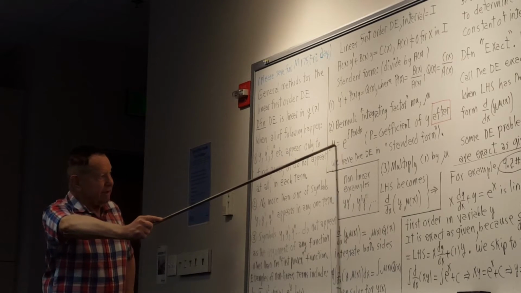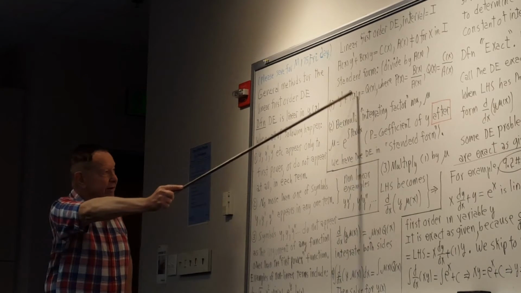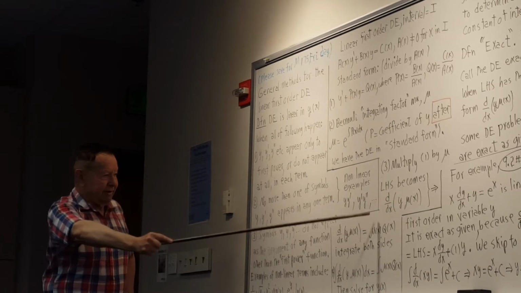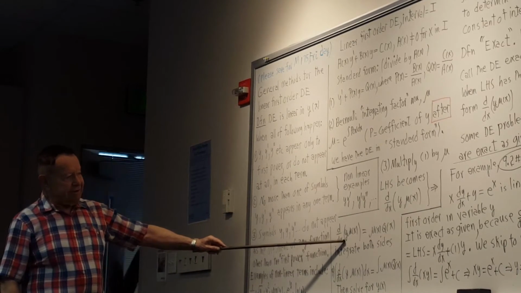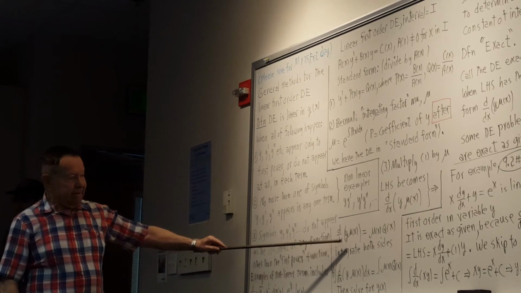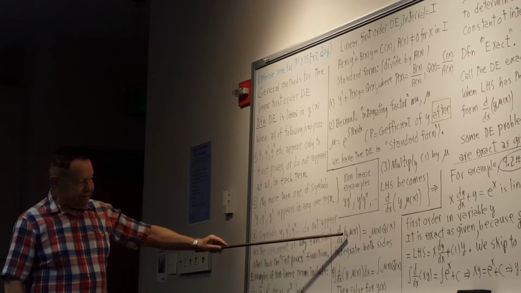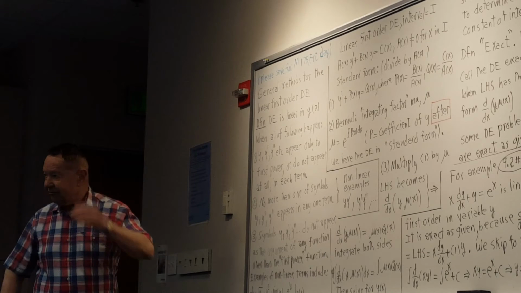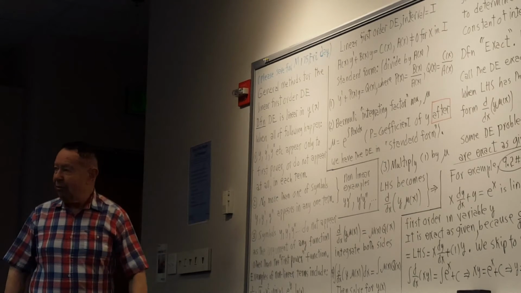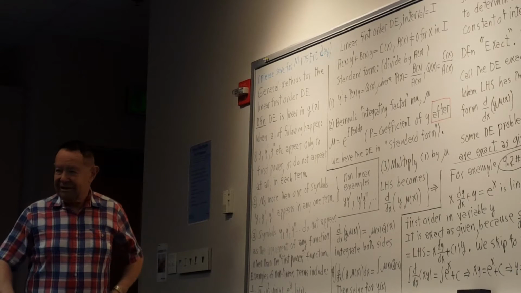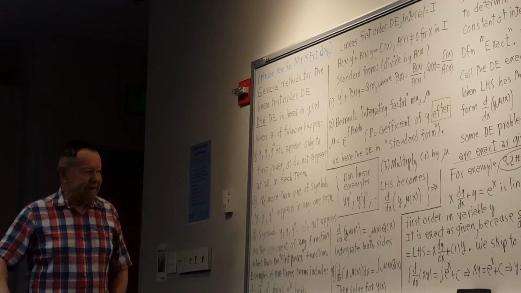If you're multiplying by mu here and there, you have to multiply there. But you see, now you can get your hands on y, assuming that this product here is something for which you can do the integral. And in all the homework problems anyway, it will be.